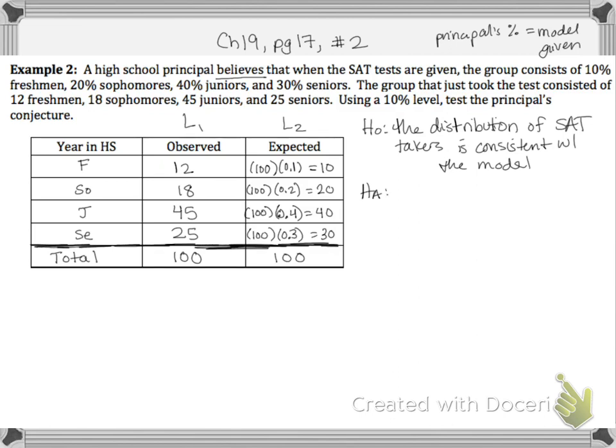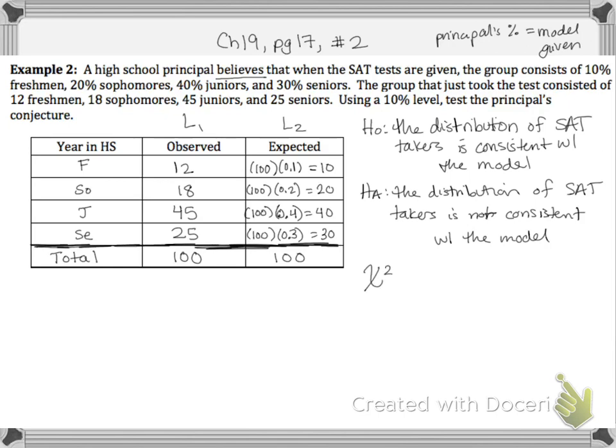And then our alternative is the distribution of SAT takers is not consistent with the model. So we have the idea that the data does follow the prescribed model. That's our null. And then the idea that the data does not follow what the principal said, which is the alternative. So what we need to do now is put our information into list 1 and list 2.